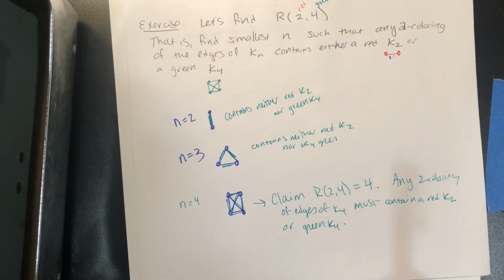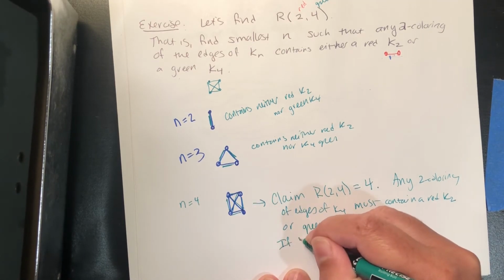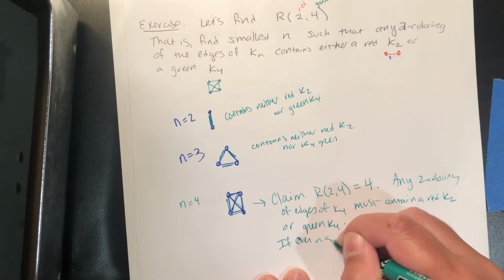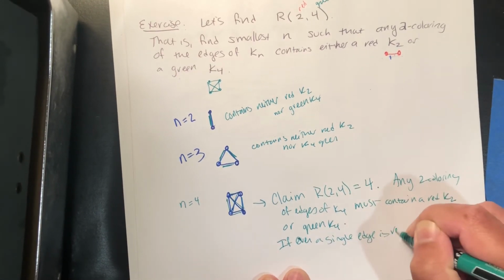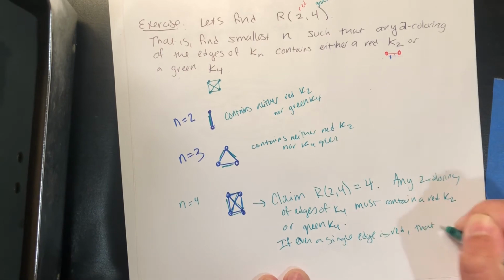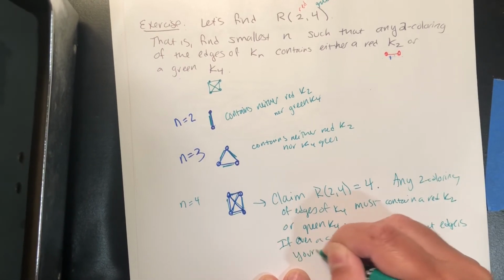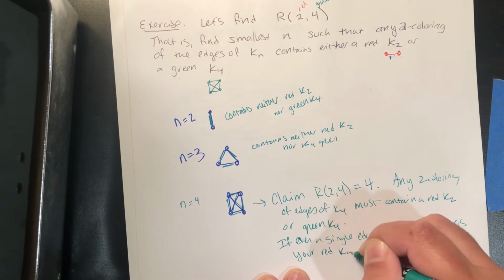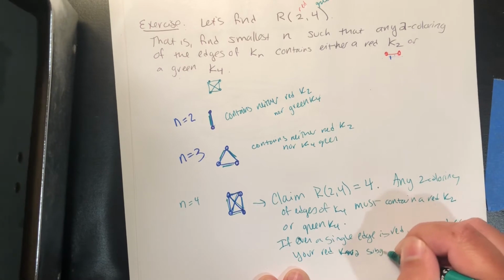Why is that? If even a single edge is red, that single edge is your red K2 subgraph.